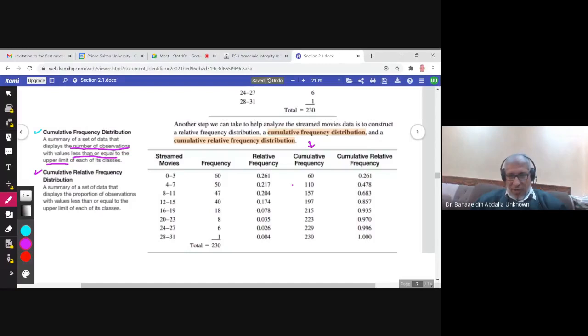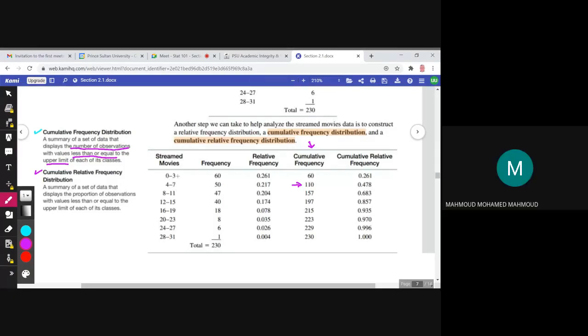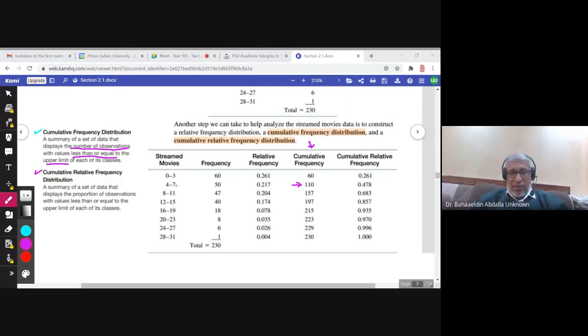Now, how to find 110? I need the number of observations with values less than or equal to the upper limit. The upper limit is 7. So if I ask you, how many observations are less than or equal to 7? 0 to 3 are less than 7.